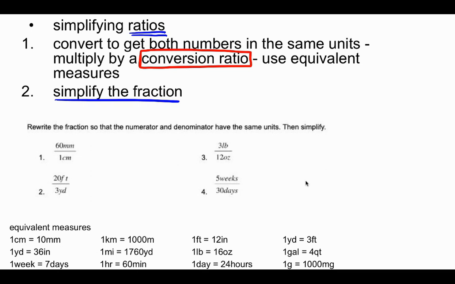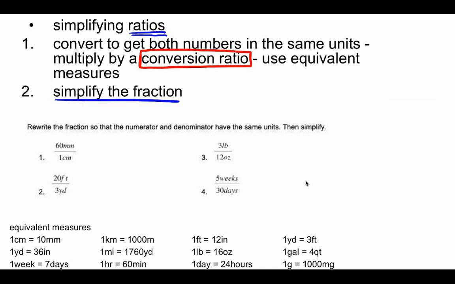There's a chart of equivalent measurements here at the bottom of the slide. Once we have it in the equivalent measurements, we can then simplify the fraction. Remember, when we're multiplying, you multiply numerator times numerator and denominator times denominator.